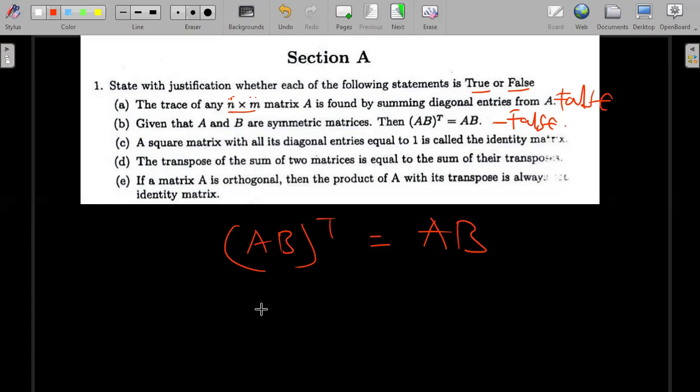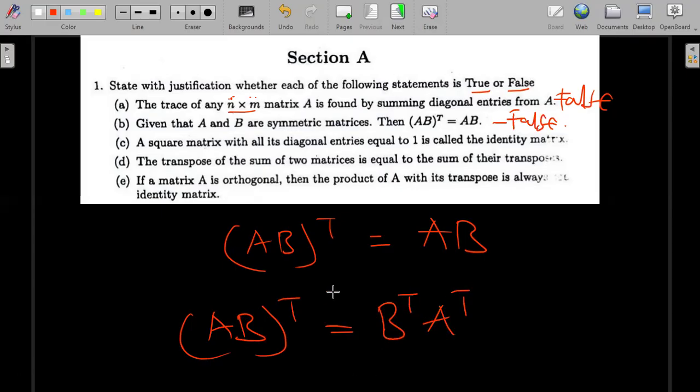If I have (AB) transpose, what I should get is B transpose and then A transpose. So the order switches. Your answer is not going to be A transpose and then B transpose. Your answer should be the commuted product.